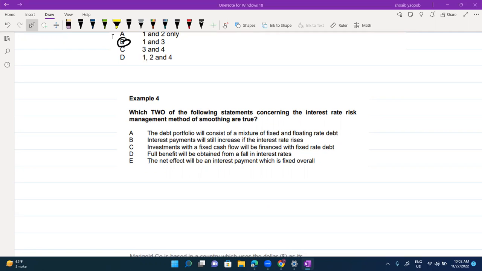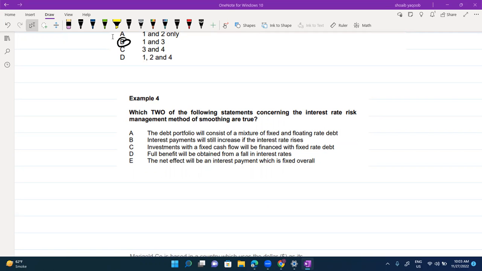Debt portfolio will consist of a mixture of fixed and floating rate debt. पहला ठीक है. Interest payment will still increase if the interest rate rises. Yes, interest payment increase करेगी, और speed से नहीं करेगी. A and B are true. Investment with a fixed cash flow will be financed with a fixed rate debt. No, that is not smoothing. Full benefit will be obtained from a fall in interest rate.